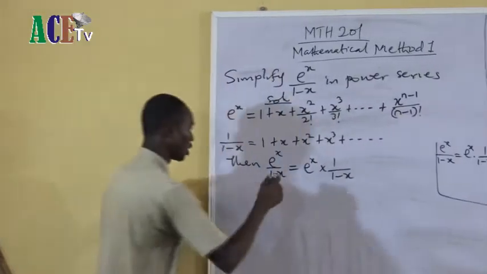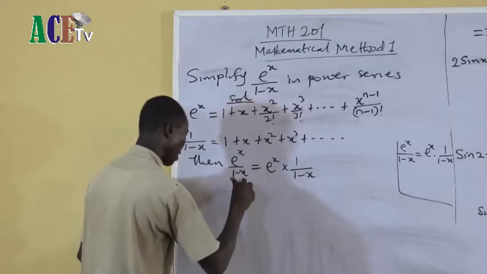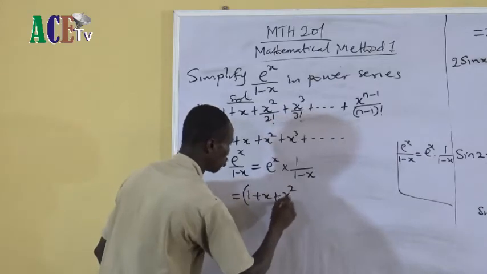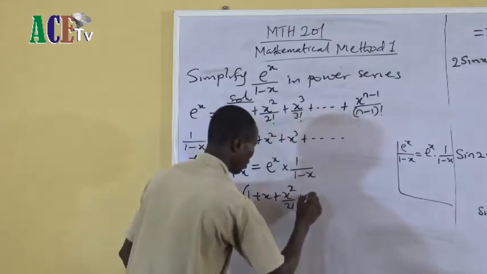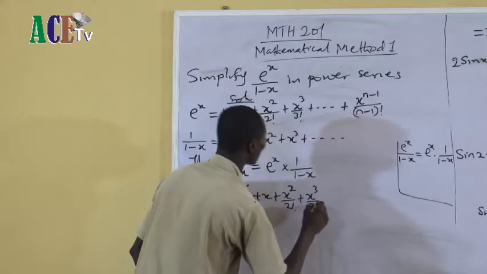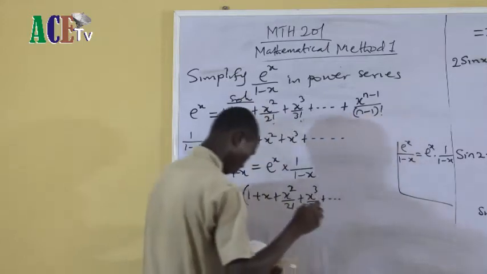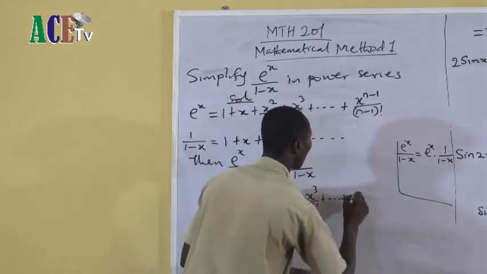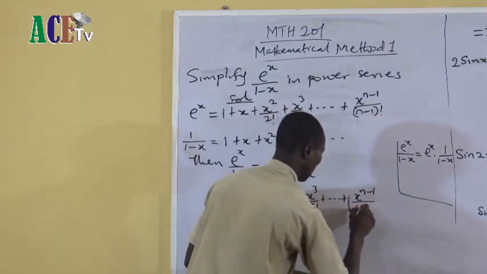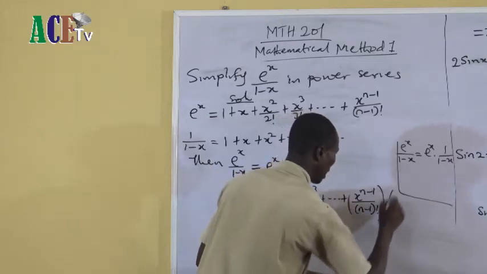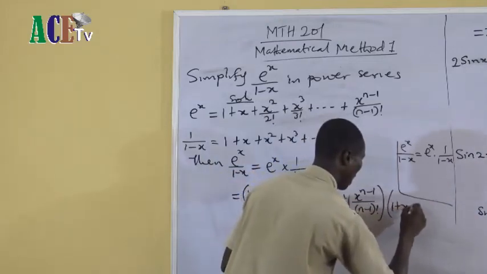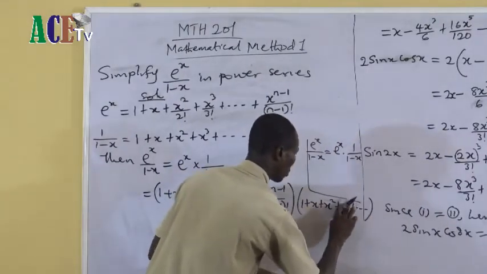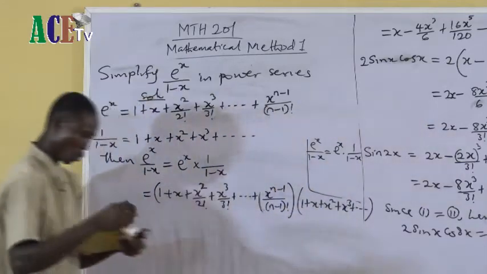From that angle, I will now multiply what I have here, 1 plus x plus x raised to the power 2 over 2 factorial plus x raised to the power 3 over 3 factorial and so on, plus x to the power n minus 1 over n minus 1 factorial, and I will multiply it by 1 plus x plus x squared plus x cubed and so on.